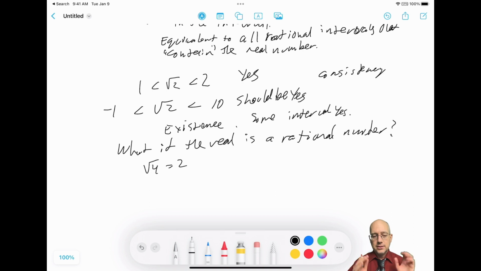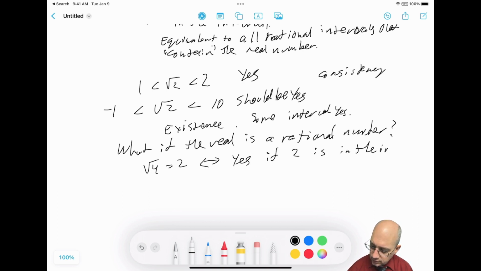Let me get up my machine and go through this thing. Well, what needs to be true about our answers? Basically we want yes if 2 is in the interval and no otherwise. So we'll call this rooted.